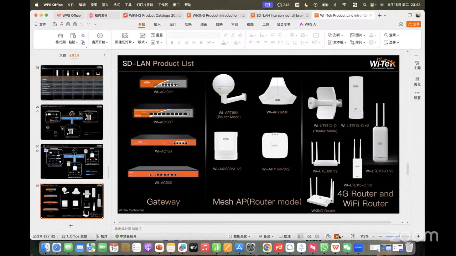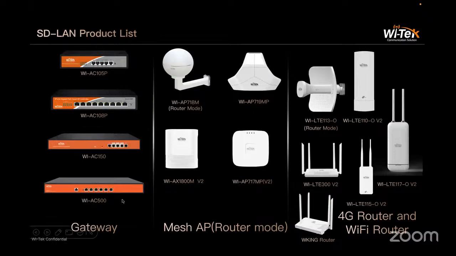So this is a model list. As I showed, we support SLAN. All our gateways, from the cheaper one with 5 ports to the expensive high-level one, can handle 500 access points. And this is a mesh AP. For our mesh AP, we have router mode for software setting. And these are different 4G routers.